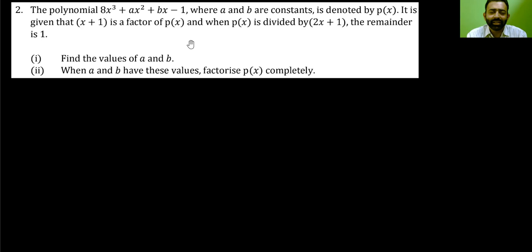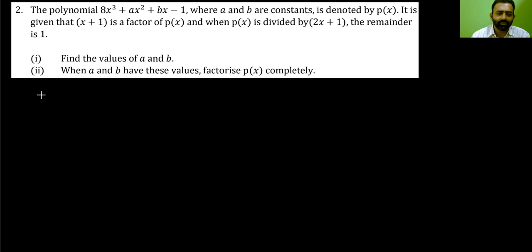So if x + 1 is a factor, then putting x + 1 equal to 0 gives x equal to −1. If you put x equal to −1 in the polynomial p(x), you will get the value 0. That is the meaning of the factor theorem.